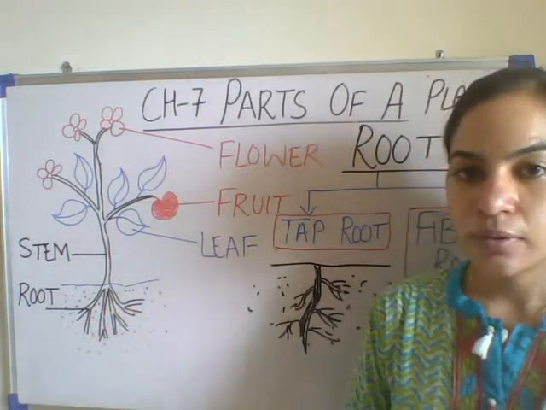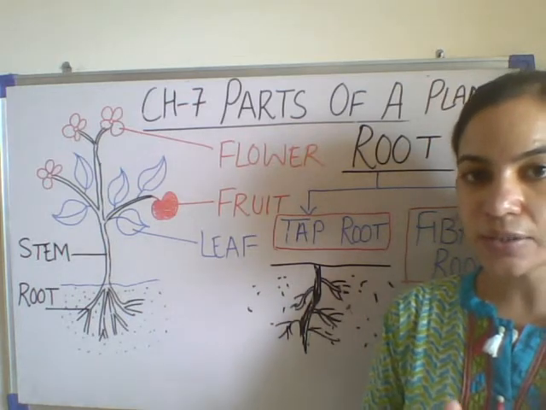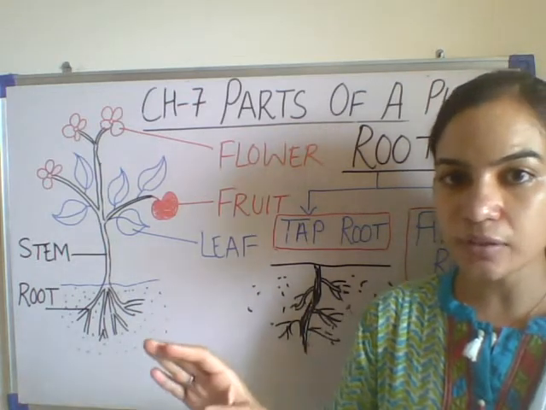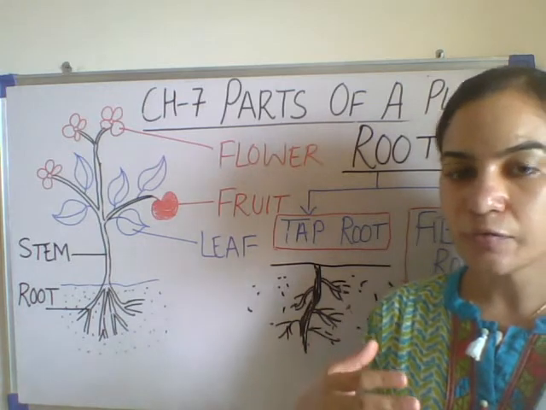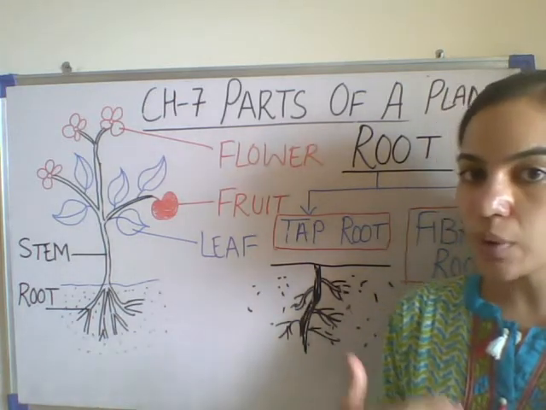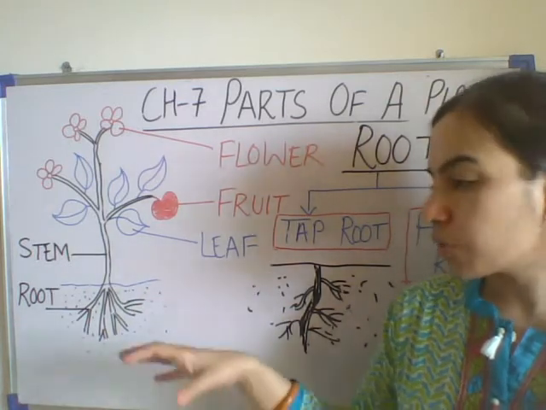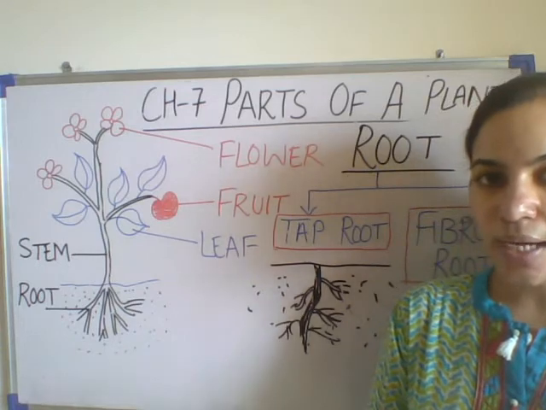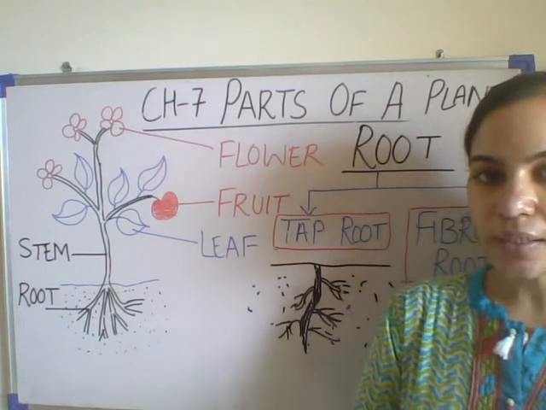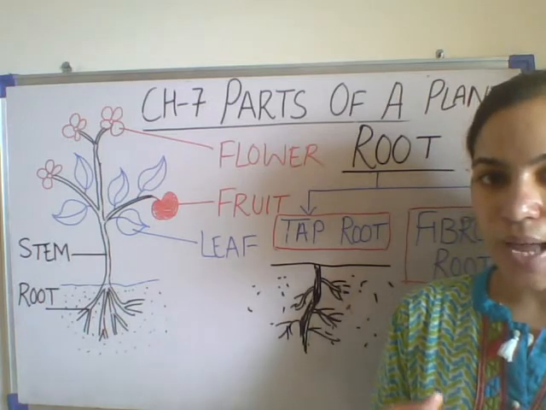So we have to plant more and more trees, because if more trees are there, the roots will hold the soil and prevent the flow of soil along with the water and air.